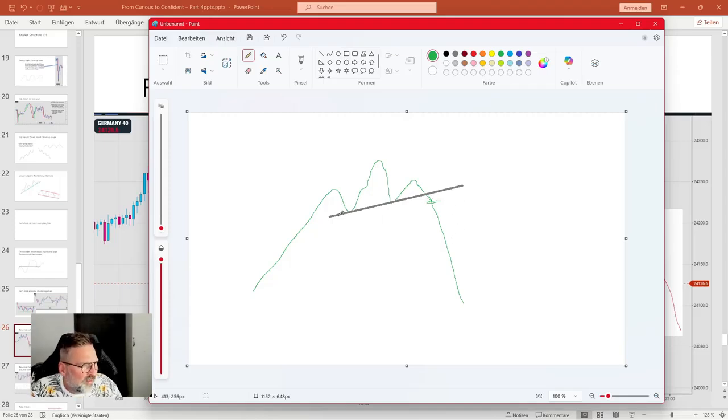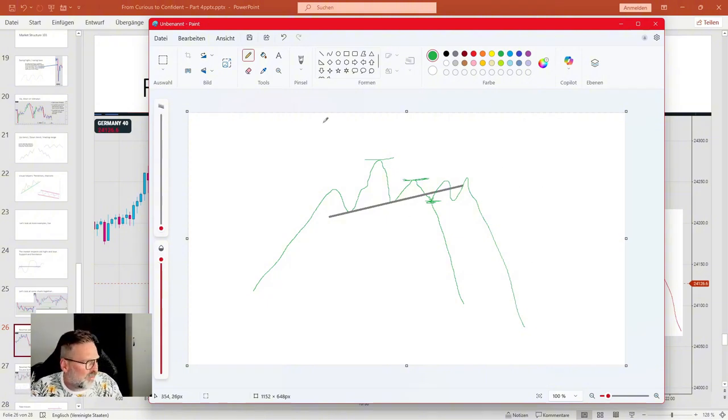So once the neckline is broken, we sell short. Stop loss would be, if you want to play it safe, above the head. If that is too far away from you, you don't want such a large stop loss, you can put it also above the highest shoulder. But then, of course, there's a little bit higher risk for you to get stopped out, even if it reverses. It doesn't need to go straight down immediately. Sometimes it fluctuates around a little bit.